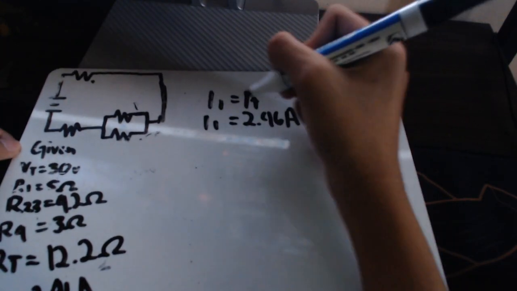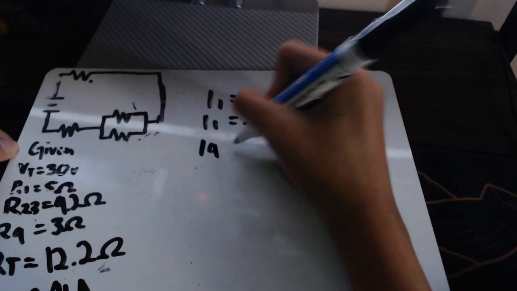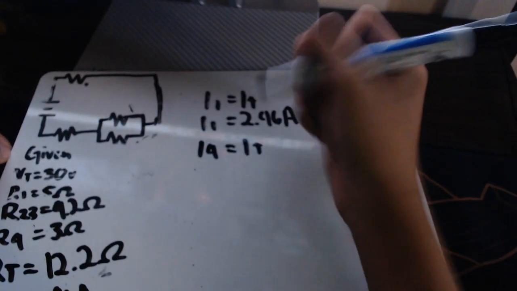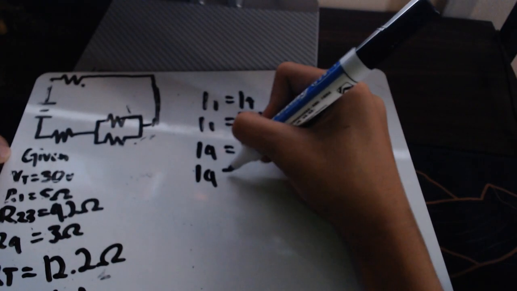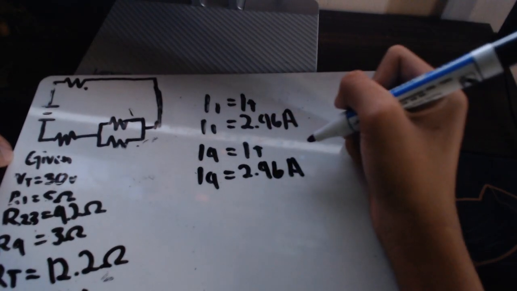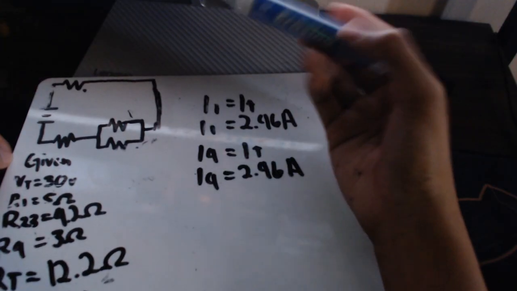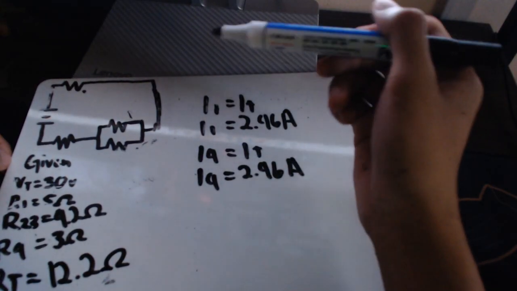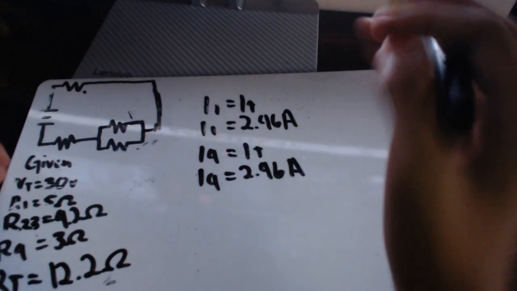Then the I4 is still the same because they are in series, so it's going to be 2.46 amperes. So the current through R1 and R4 is approximately 2.46 amperes.